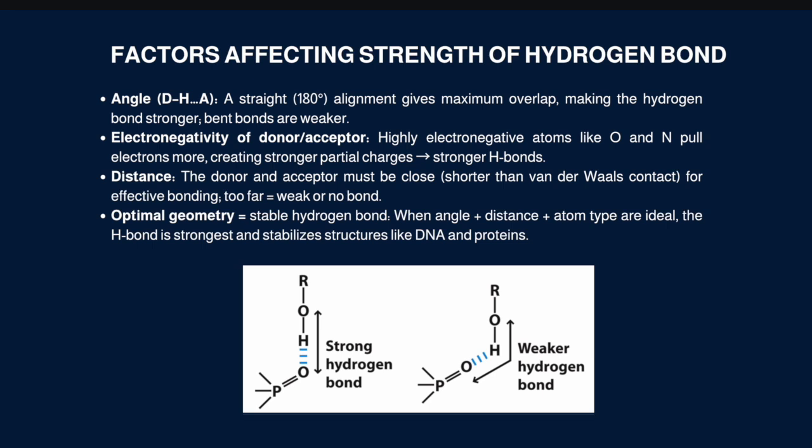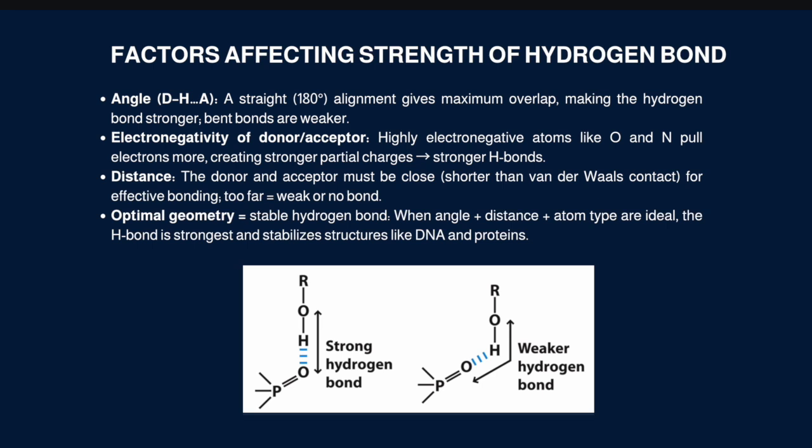But in the other case, if the angle is less than 180 or more than 180, it will be weaker. It is always maximum at 180 because it gives the maximum overlap, making the hydrogen bond stronger. Bent bonds are weaker because there will be crowding of electrons, so there will be some repulsion.